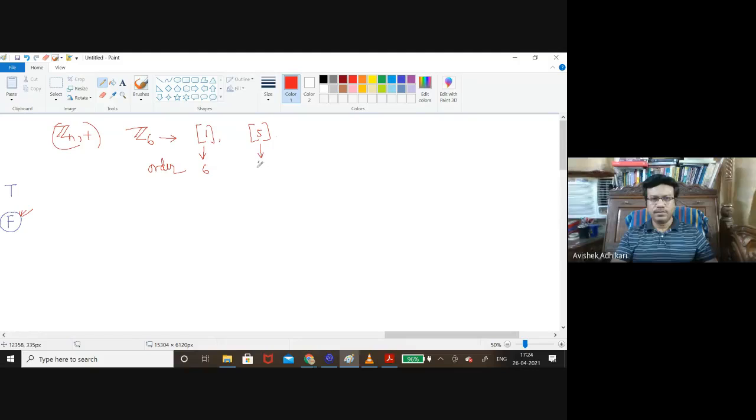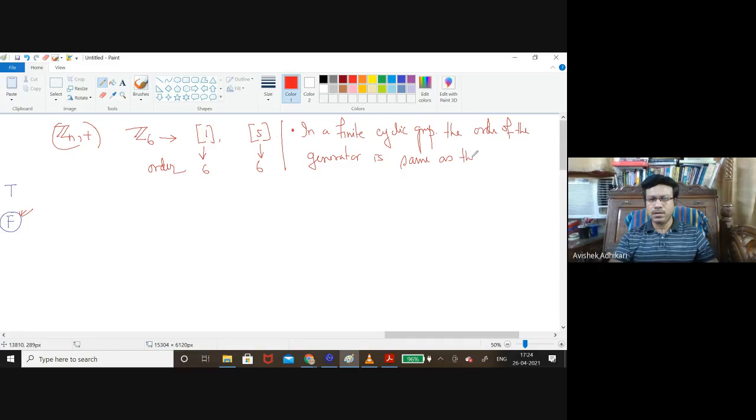6. So, the idea is that in a finite cyclic group, the order of the generator is the same as the order of the group.